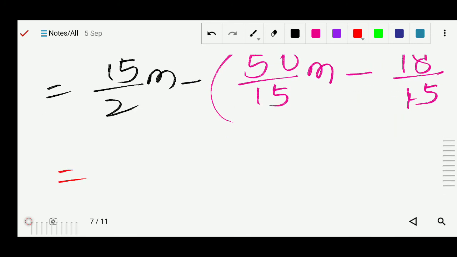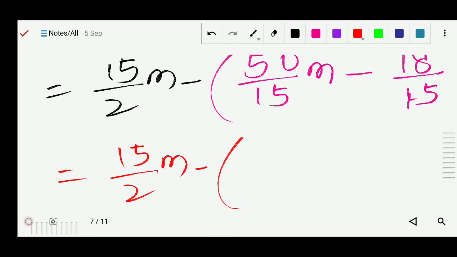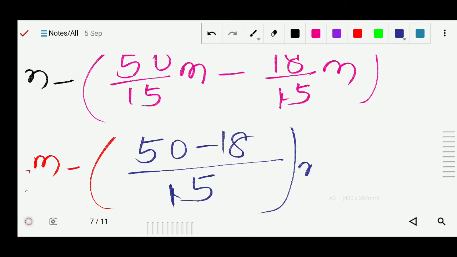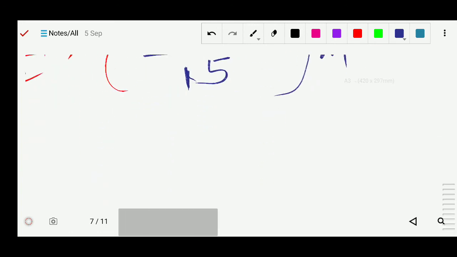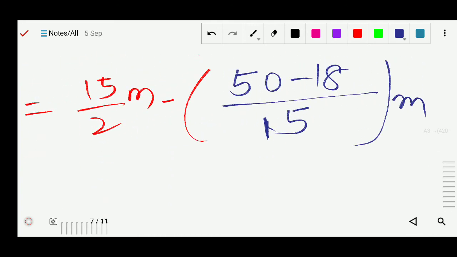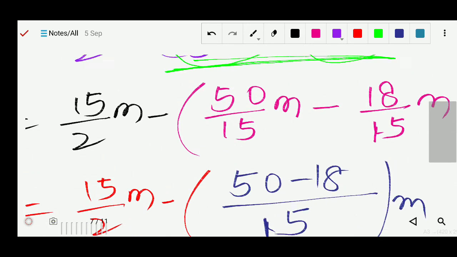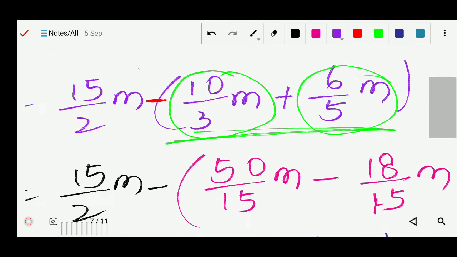Next is 15/2 meters minus, and now that the denominators are equal, we can do 50 minus 18. Oh sorry, here we are making a mistake.